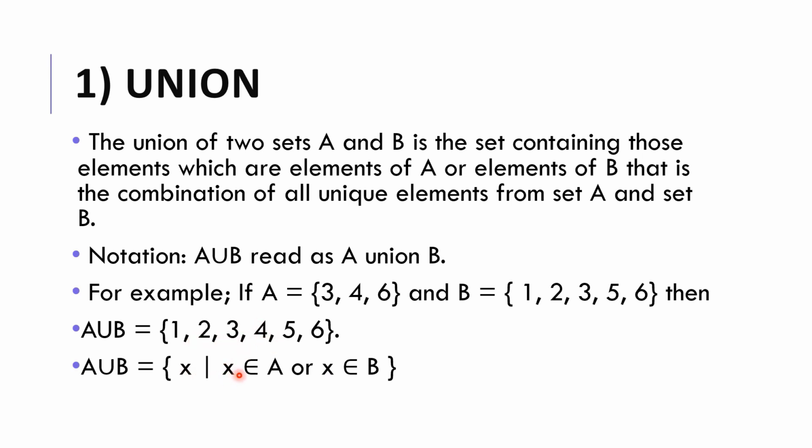Here x is an element of A or x is an element of B, the same as the definition: elements of A or elements of B. So this is the union operation of two sets. Union can also be of two or more sets, like 3 sets or 4 sets, but it's simply the combination of the sets.